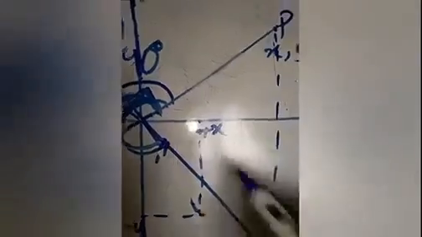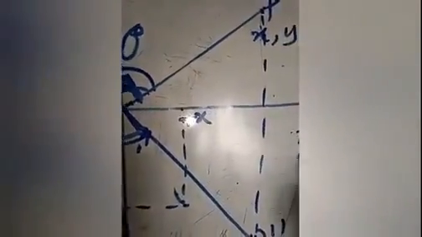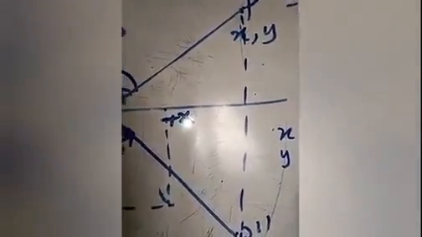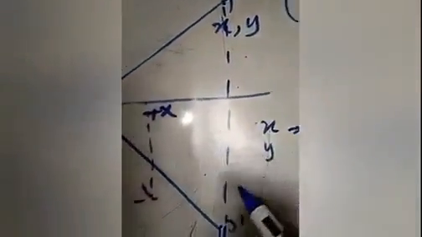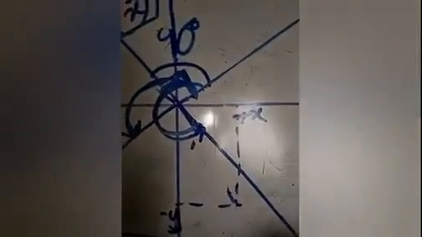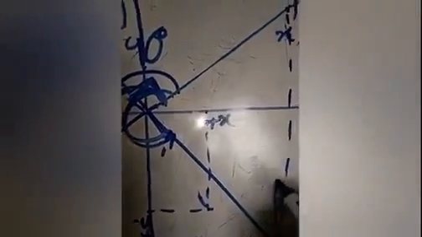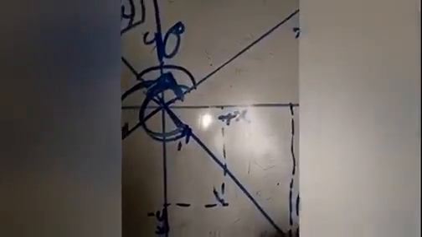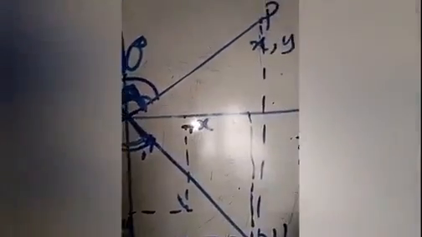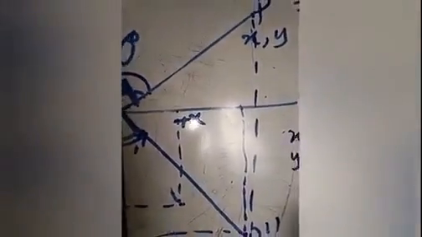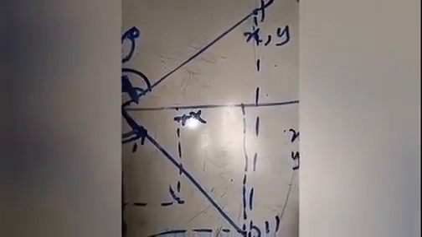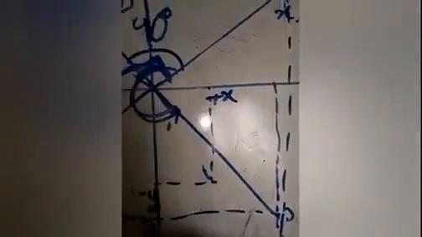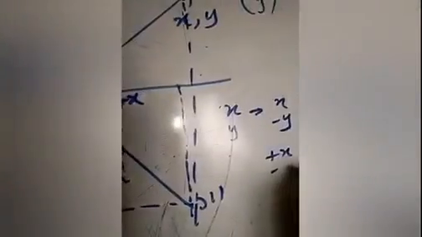Remember, if it is reflection in the line of the x-axis, x, y maps onto x, minus y. Do you remember? Now, in this case, at this point, what is going to be the value of x? x will be positive, where y is what? Negative. So my x turns out to be a positive value, and my y turns out to be a negative value.